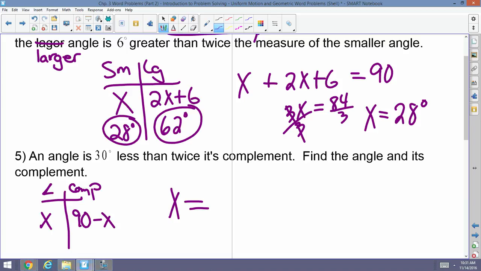An angle x is 30 less than, remember switch, 30 less than twice its complement. So 30 less than twice its complement. Do you see what I just did there? Does everyone see that, guys?